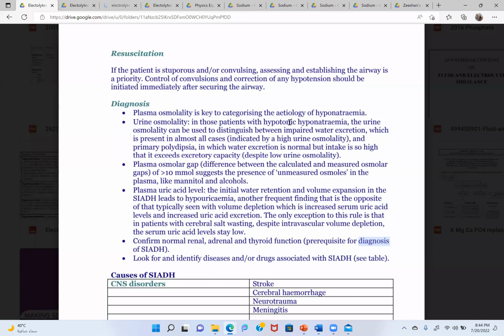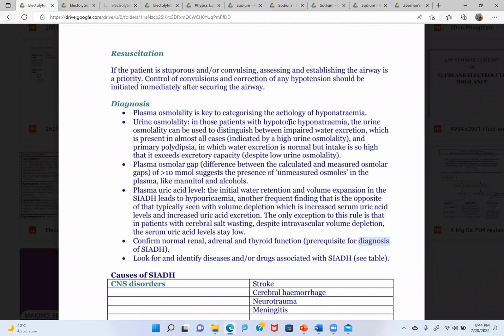Okay, so in that condition, urine osmolality will be low, because of excess water: you have taken a lot of water.